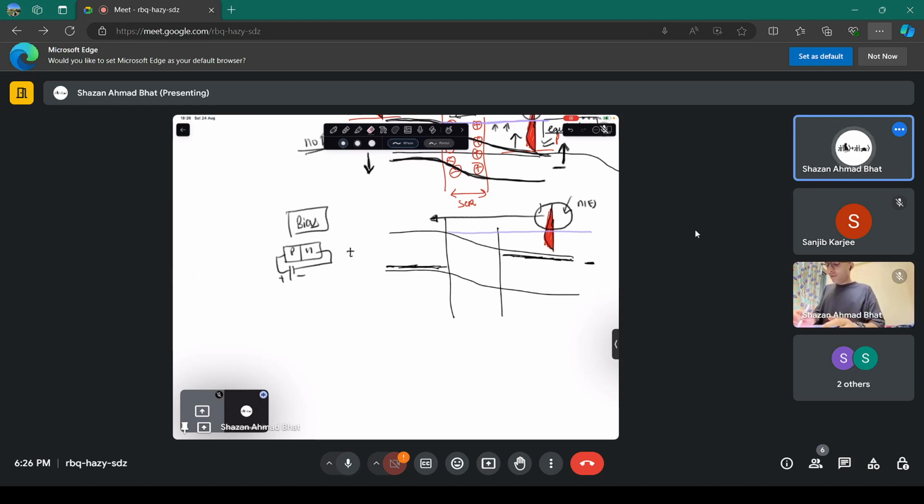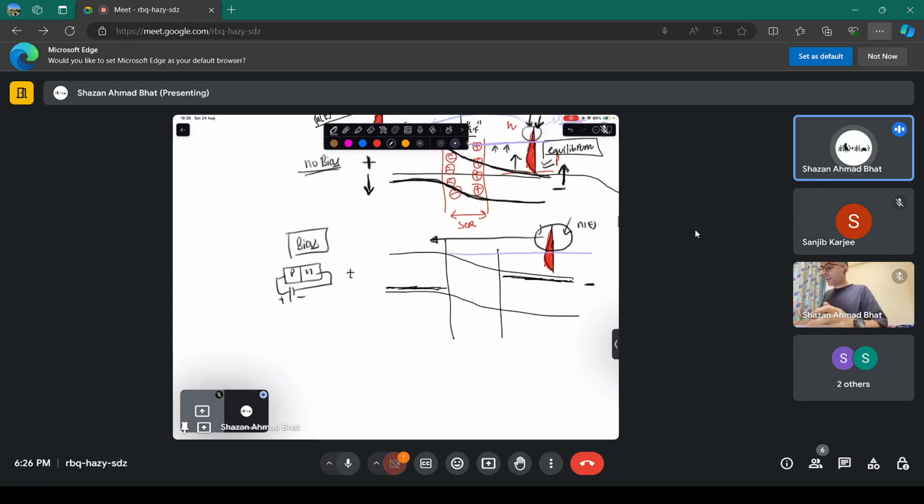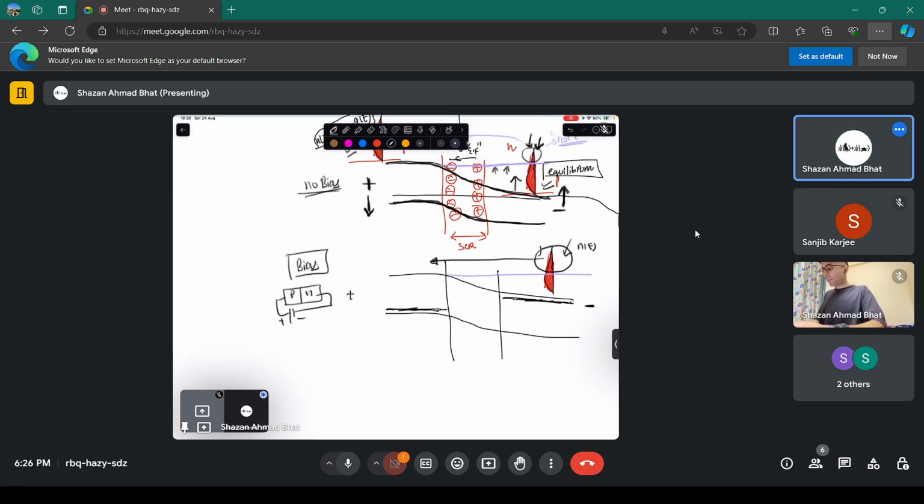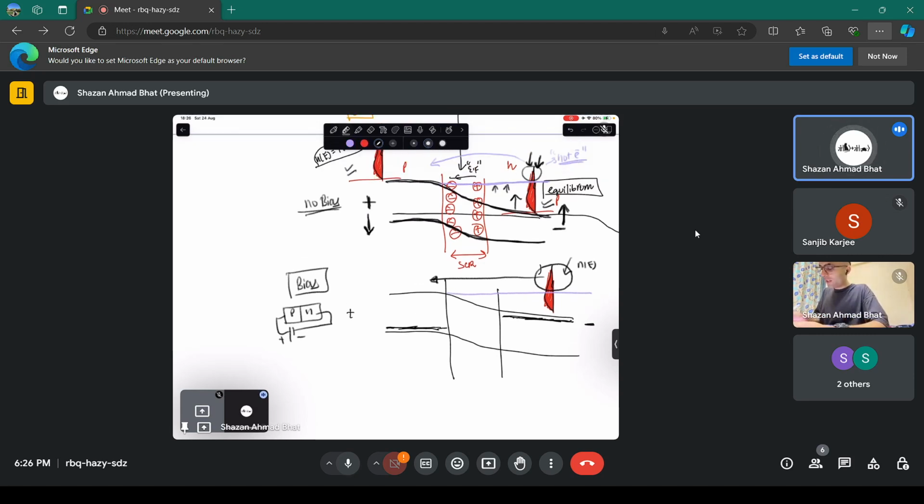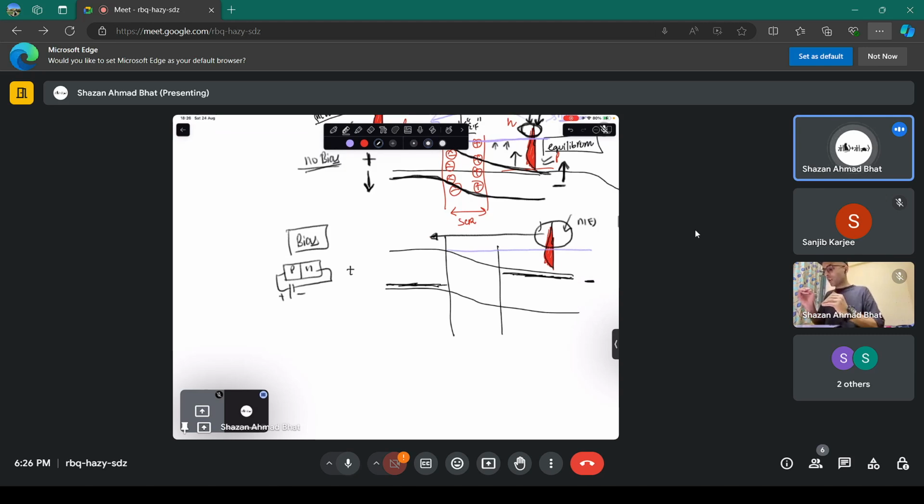Yeah, so when the voltage is applied, it does not happen on its own. That's why it is a non-equilibrium situation. In equilibrium, very few electrons, which I have shown here as the Fermi tail, are able to go on the other side, but they don't constitute a current in the diode. But when you apply the voltage, you drop the barrier on one side and raise the barrier on the other side.